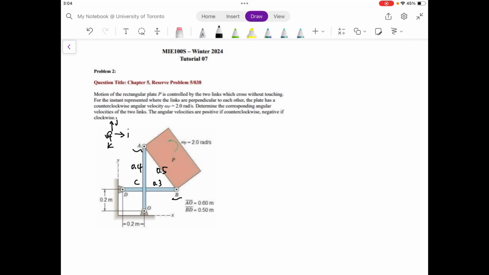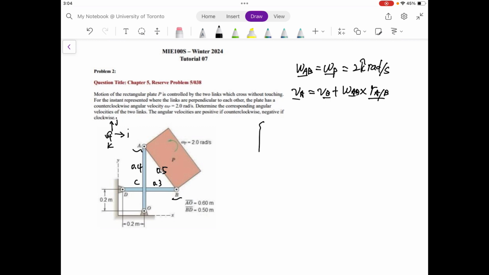We already got the angular velocity of the plate, which is omega AB equal to omega plate, which is equal to 2k radian per second. Also VA is equal to VB plus omega AB cross A relative to B.